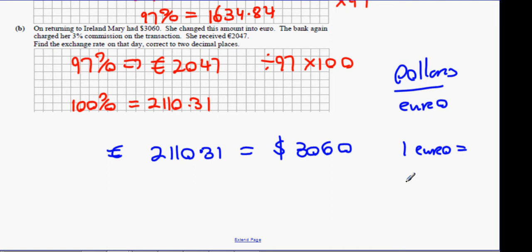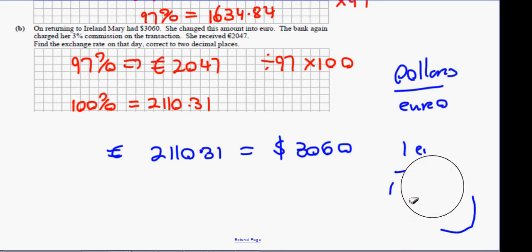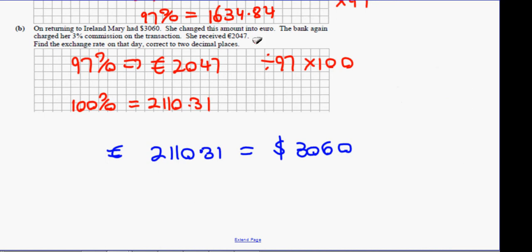If you did euro divided by dollars, what would that tell you? How much $1 is worth in terms of euro. So whichever one is on the bottom is the currency you're talking about. 1 euro equals. If I use this equation, it'll be $1 equals. Okay? So that's the difference. So what we're going to do is divide 3060.